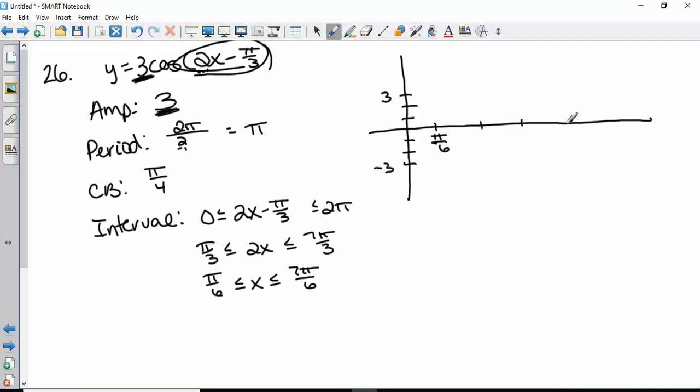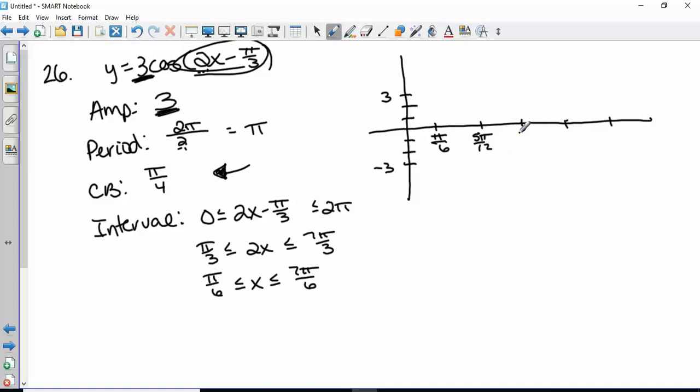We always have 5 total points. How do we get the remaining points? Right, you add your count by. So pi over 6 plus pi over 4, or 1/6 plus 1/4, would be 5 pi over 12.